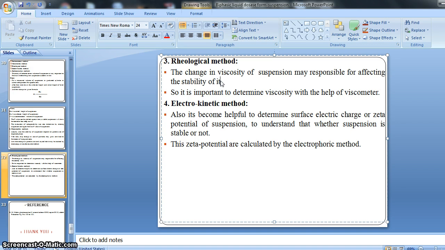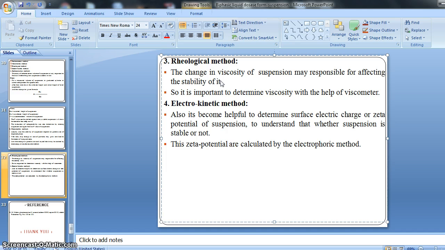Sometimes a small increase in viscosity is acceptable, but a decrease in viscosity is a very unacceptable condition. If our viscosity changes over time, then the solid particles may not be distributed throughout the liquid. That's why there are chances of getting an unstable suspension.